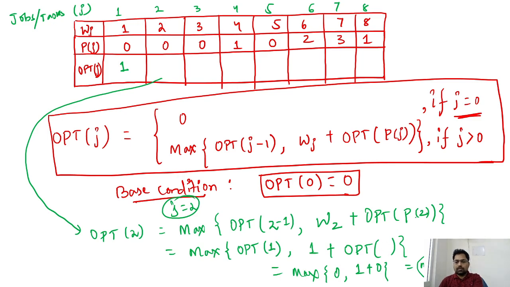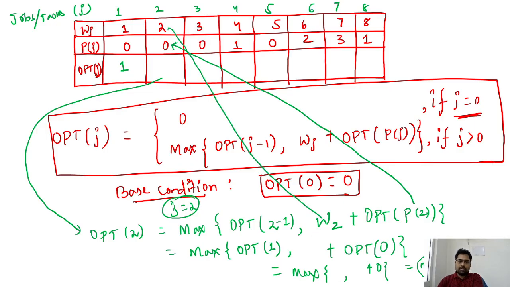Next it is P of 2, and P of 2 is 0. So I must write OPT, this one, the weight. The weight of this one is 2.